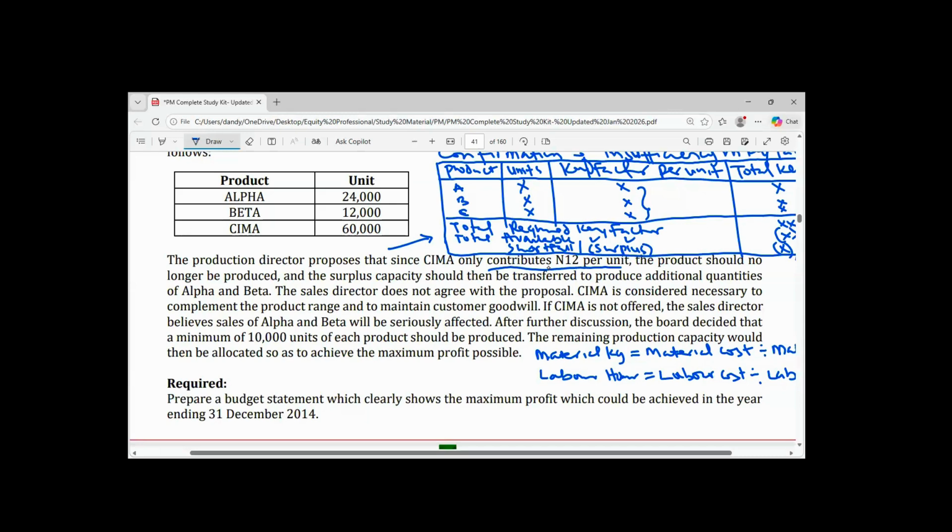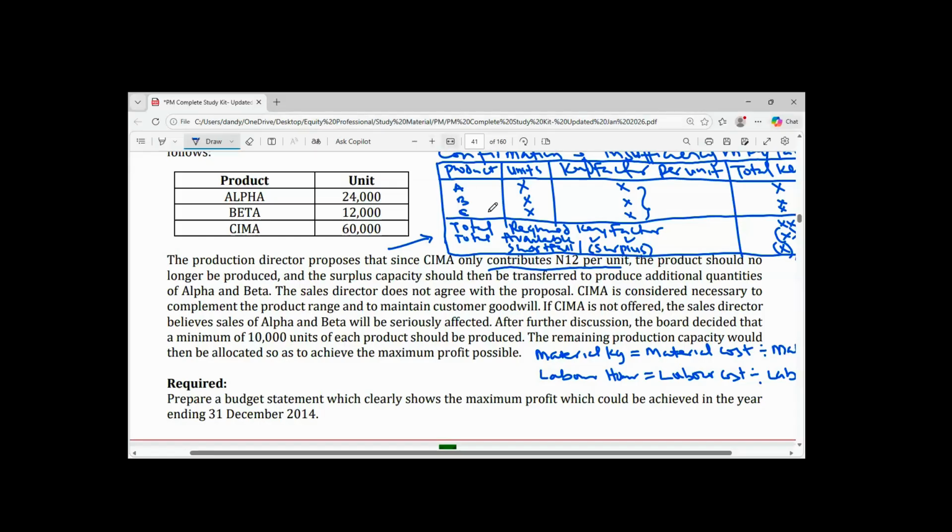The sales director does not agree with the proposal. SEMA is considered necessary to complement the product range and to maintain customer goodwill. If SEMA is not offered, the sales director believes sales of alpha and beta will be seriously affected.